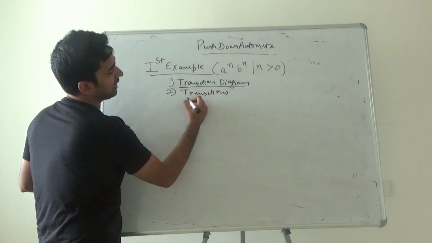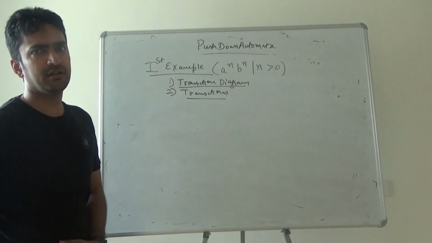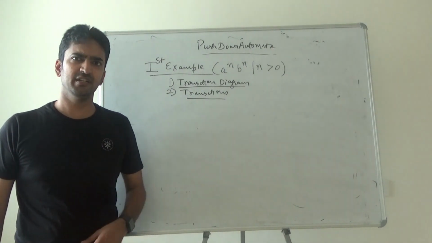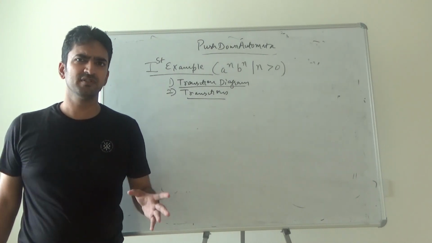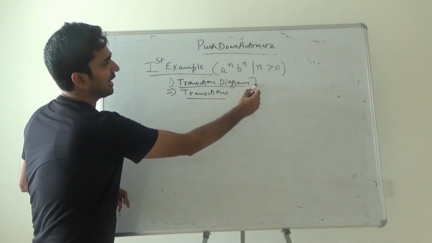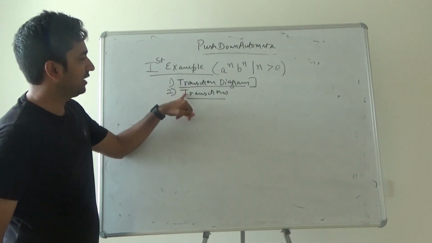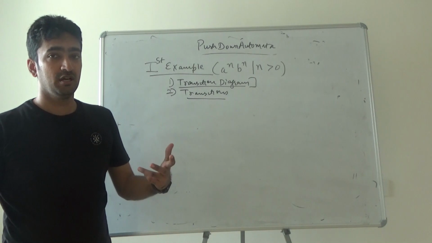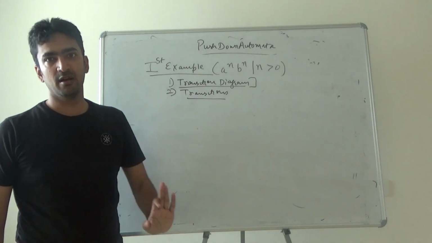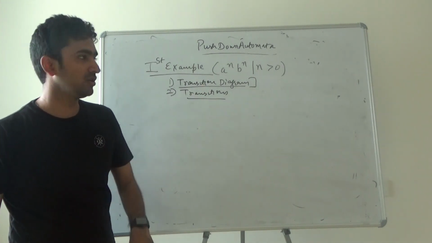These are interdependent ways in which the thing can be done. Normally the books have not used the transition diagram concept, and then there are transitions also. So the transitions will be drawn from the transition diagram only. Try to understand the concept.